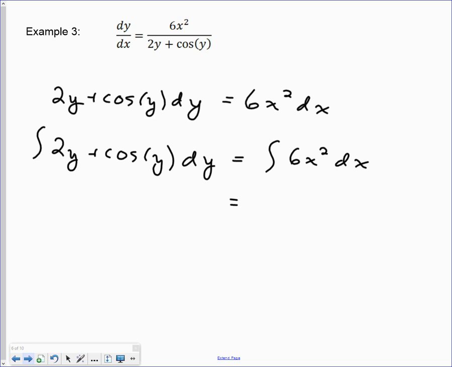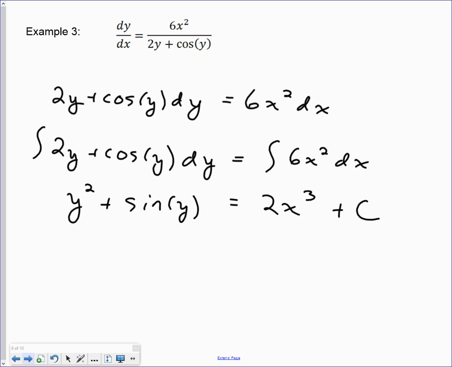On the right-hand side, we're going to have 2x cubed. I'll put my constant of integration over there on the right. And then on the left-hand side, we're going to have y squared plus sine y.